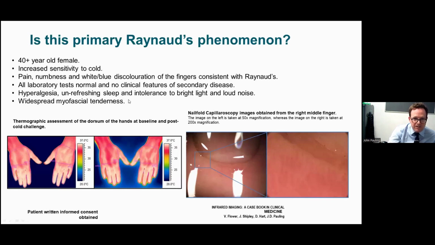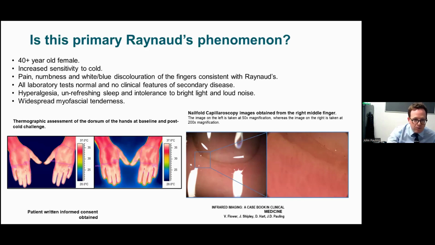But the additional information which I think is relevant here is that the patient also had hyperalgesia, which is increased pain sensitivity. They were intolerant not just to cold, but to bright light and loud noise, and they had unrefreshing sleep and widespread pain in their muscles. So these are all the features that we associate with fibromyalgia syndrome.